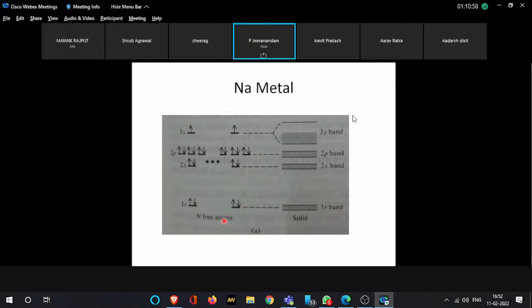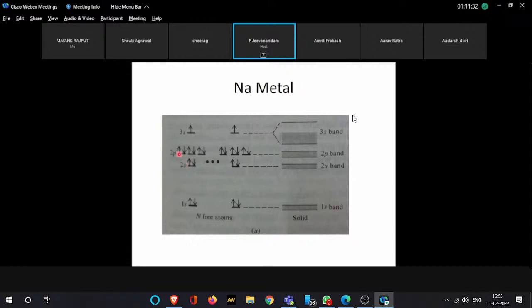I hope there may be some confusion. You see that 1s, 2s and 2p, they are all called core orbitals. Now on the right side you have the band: 1s band, 2s band and 2p band. Now the energy of the 1s orbital and the energy of the 1s band are going to be very, very close because the core shell electrons are not involved in the bonding. 2s is not involved in the bonding. 2p is not involved in the bonding.